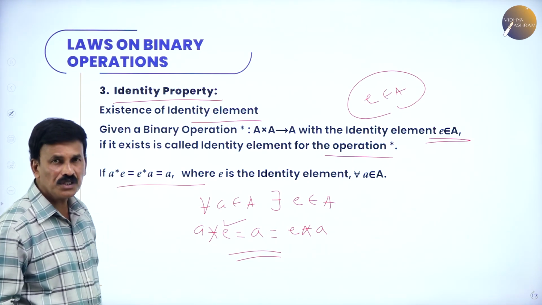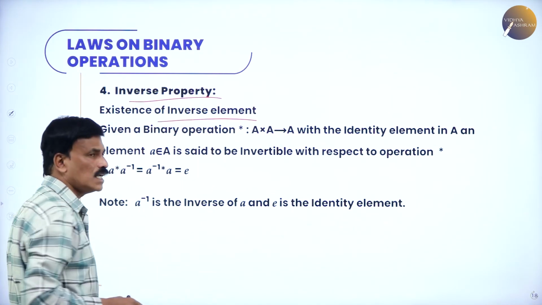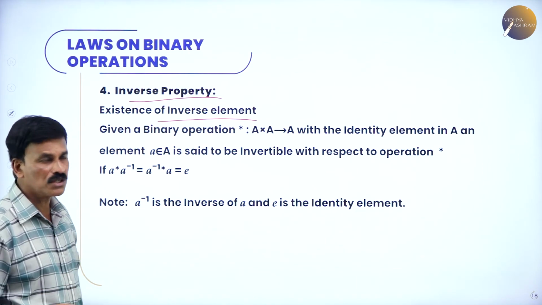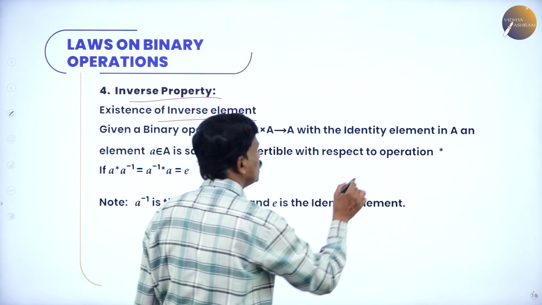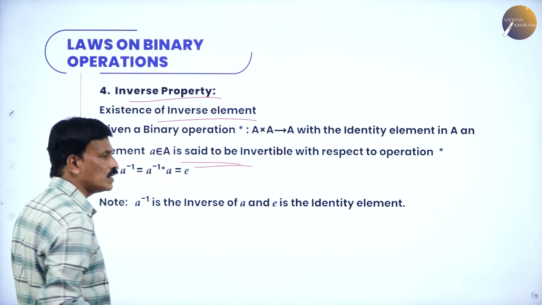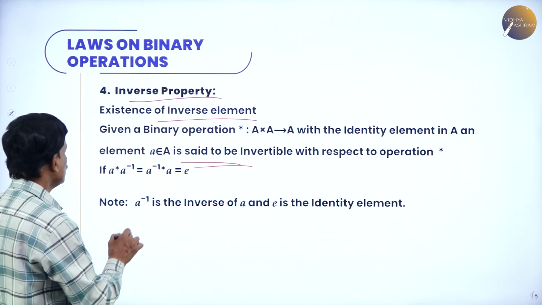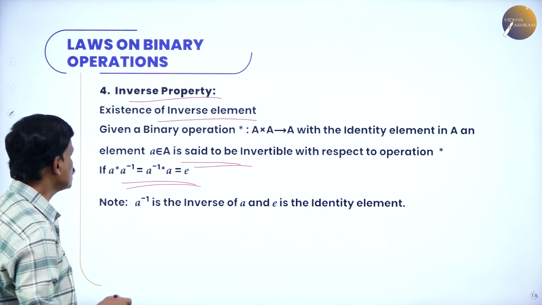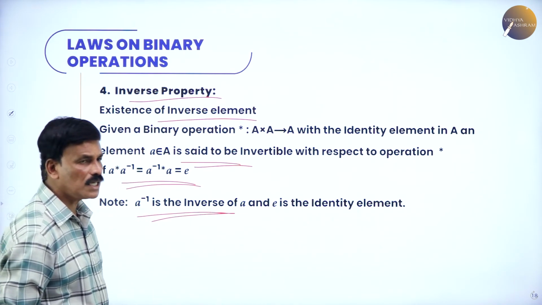Now, after knowing the identity element, let us know regarding the existence of an inverse element. Given a binary operation star from A cross A to A with an identity element E in A, an element A belongs to A is said to be invertible if A star A inverse is equal to A inverse star A is equal to E. That means this is called the inverse of A and E is called the identity element.